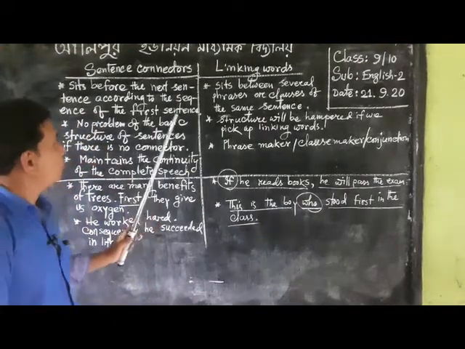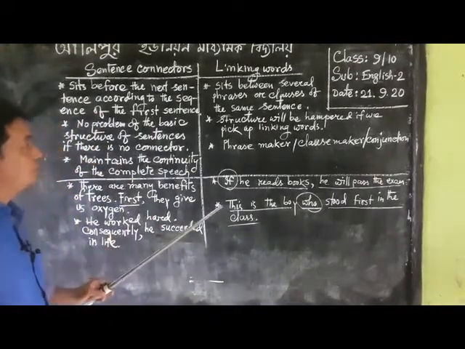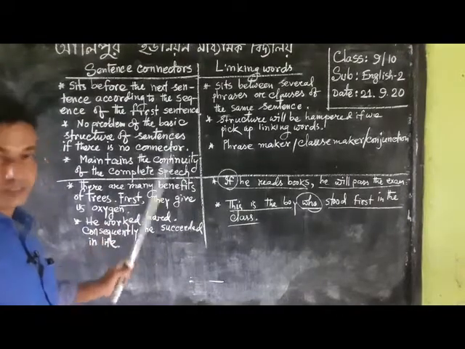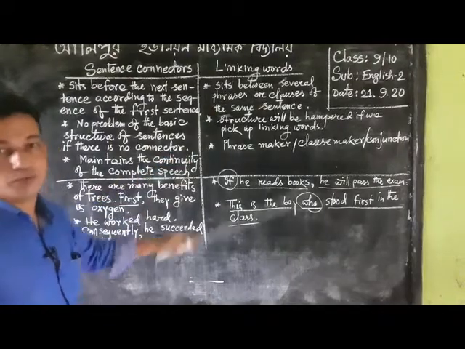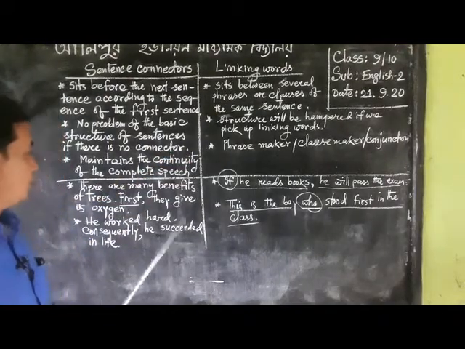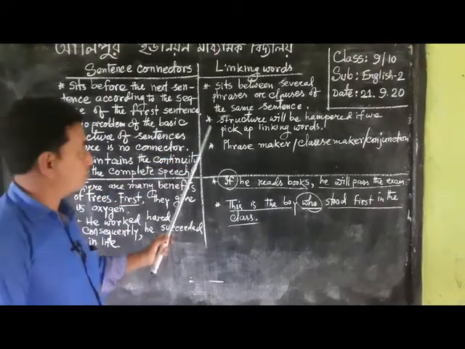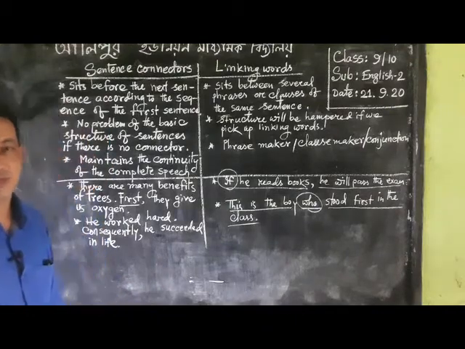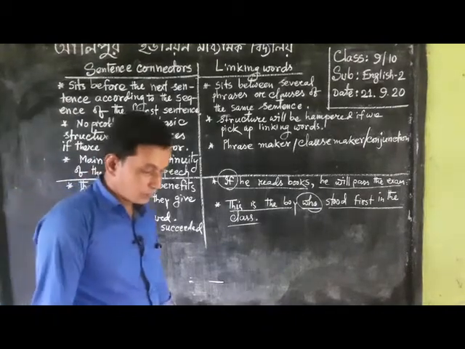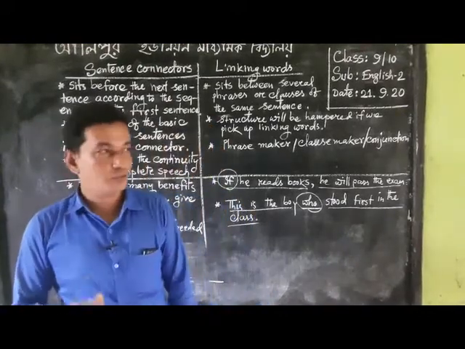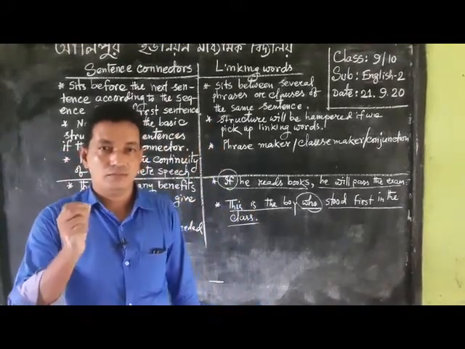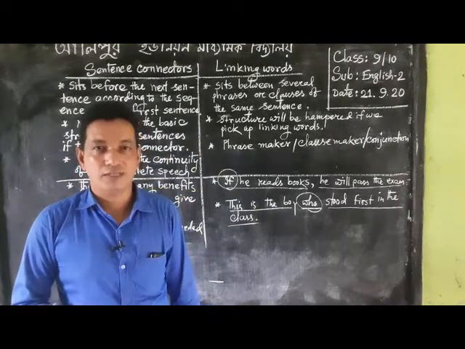Then we have noticed that there are some characteristics and features of sentence connectors and linking words, and we have also seen some examples of these two ideas. Now today I am going to discuss sentence connectors. Our today's topic is sentence connectors.